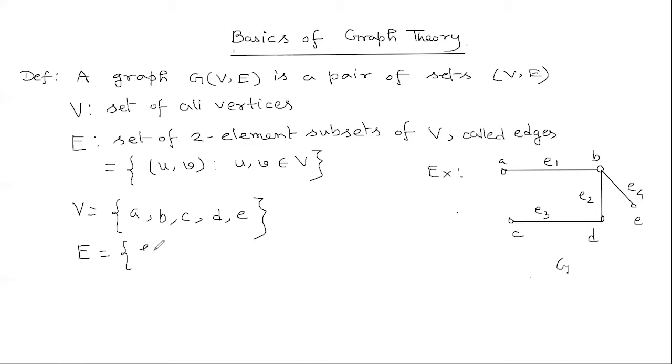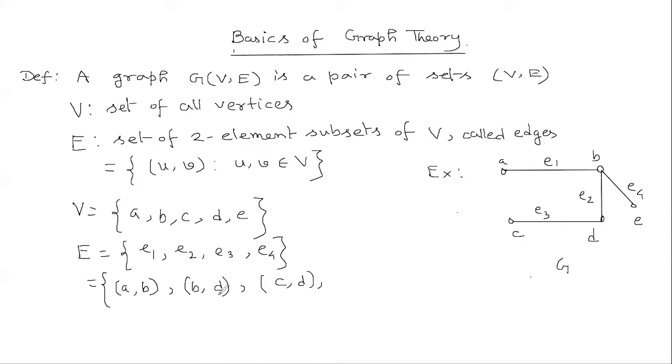Here we can also write this as: E1 is AB, E2 is BD or DB, E3 is CD or DC.